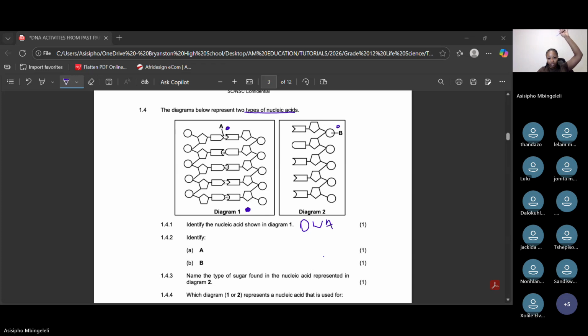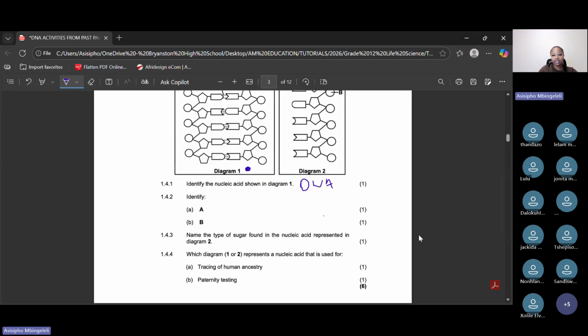Ribose sugar. Thank you so much. That is ribose sugar. So we've answered this. I'm not writing down, guys, because my pen is slow and I want us to cover as many questions as possible.